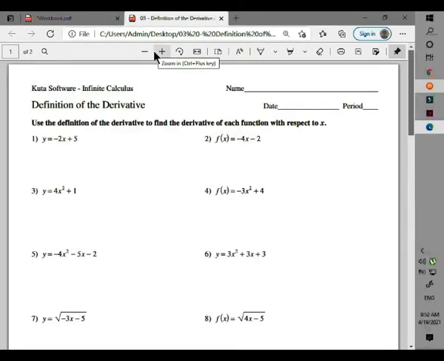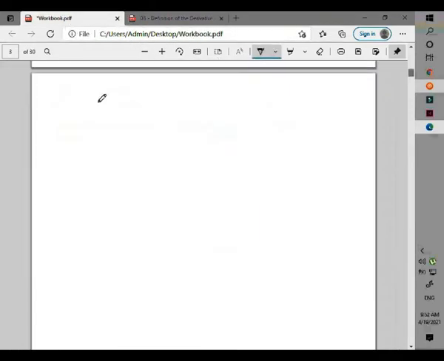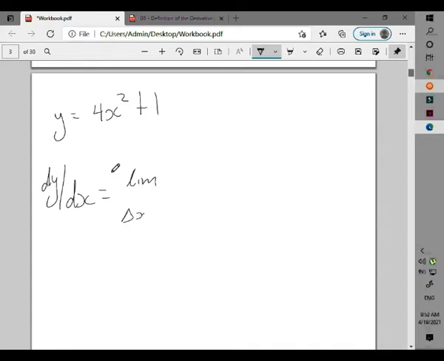Number 3 now. Yes, the long lines. Y is equal to 4x squared plus 1. So dy upon dx is equal to the limit. As I said before, whenever I see y, I'm having delta x.